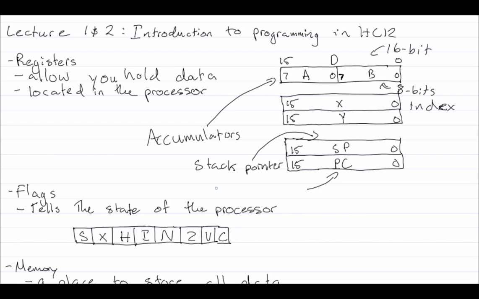Next is the program counter, and we use this to look at which instruction you're at in memory. All your instructions will be stored inside memory, and the program counter points at which instruction you're at. This is how your program is run. Each instruction is looked at incrementally.